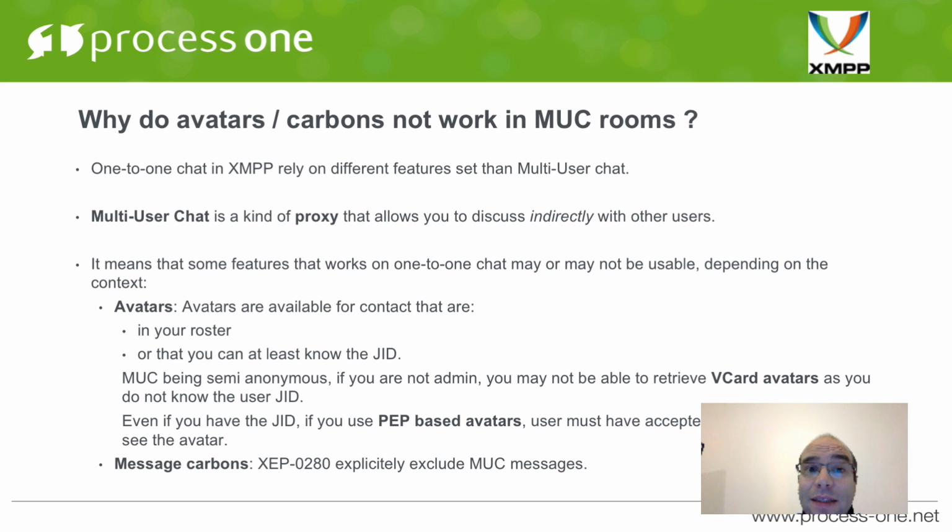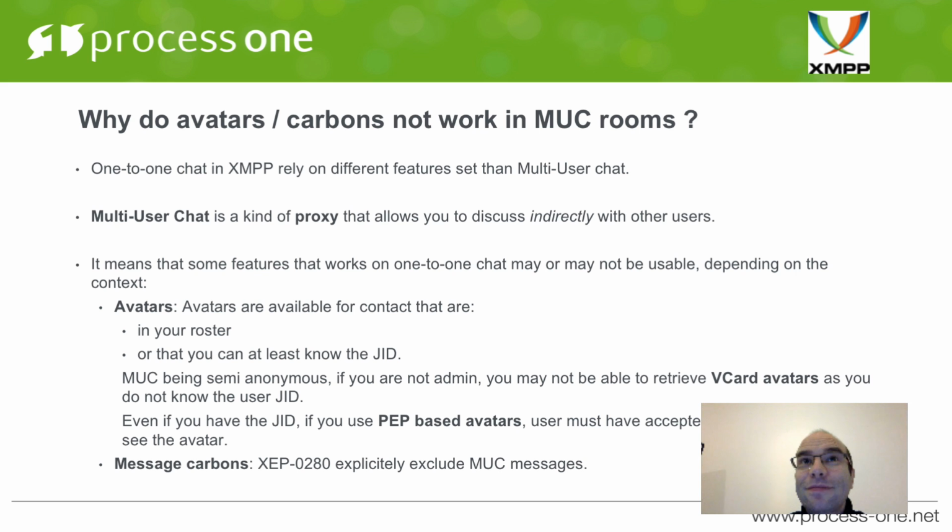So if you're not admin, the default behavior will be that you won't be able to see the real JID, Jabber ID, of the user that is speaking in the chat room. And in most cases, to be able to get the avatar through, for example, vCard retrieval, you need to know the real JID of the user that is speaking in the chat room. And you don't know it because it goes through a proxy.